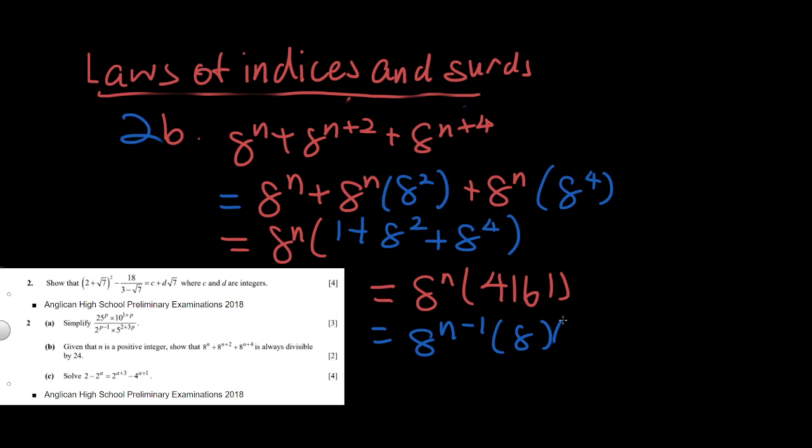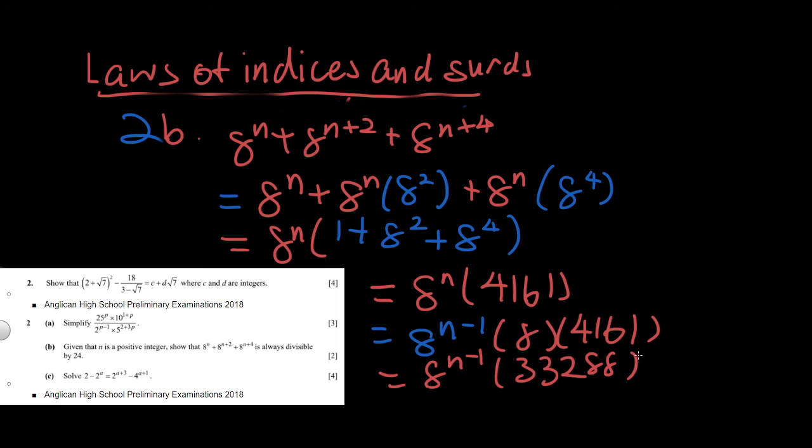So let's say I pull out an 8, right? I'm pulling out an 8. I'll get something like, hold on, 3328 8.